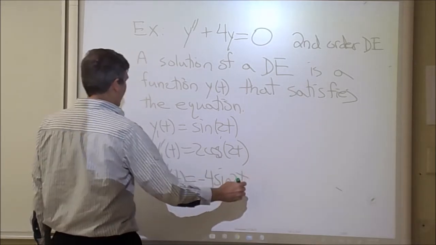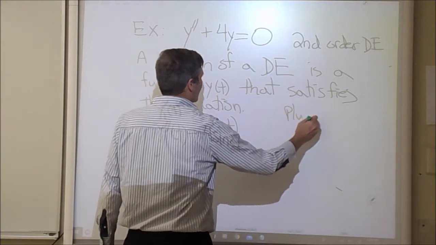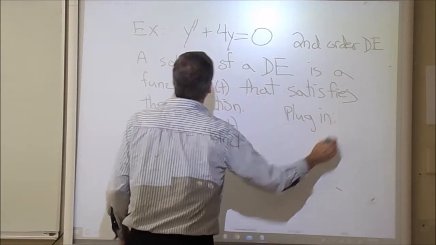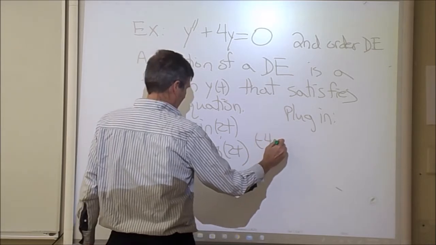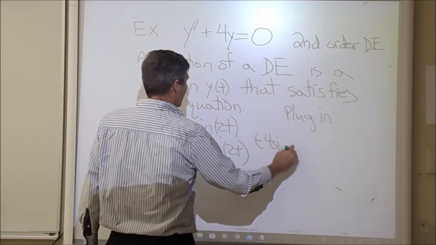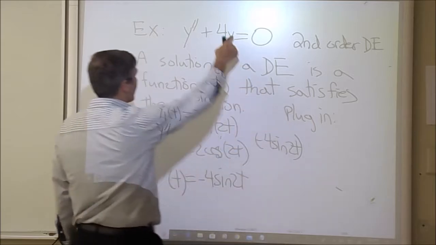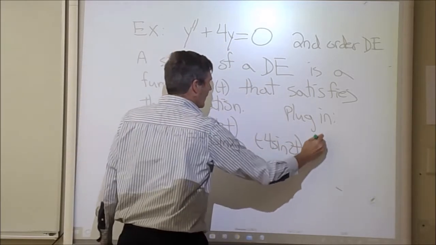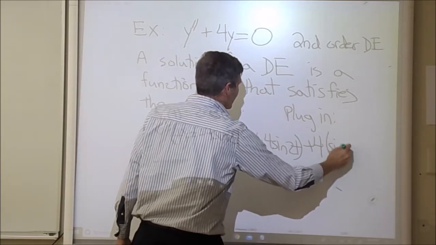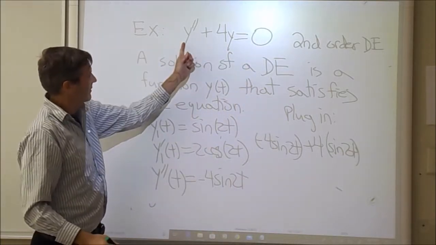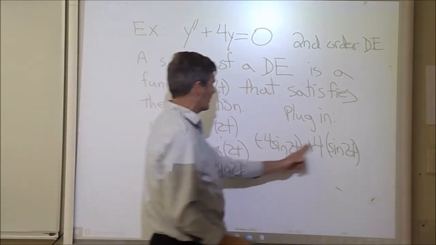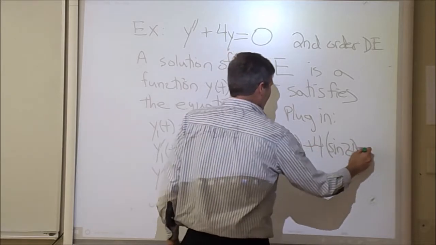When you plug this in, for y double prime you have minus 4 sine 2t. When you plug in for y, you get sine 2t. And you plug in the function and its second derivative on the left, and what do you get? Minus 4 sine 2t plus 4 sine 2t equals 0.